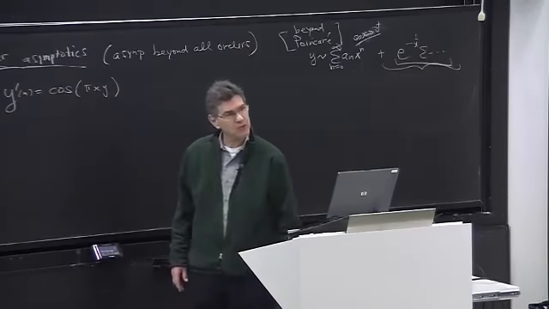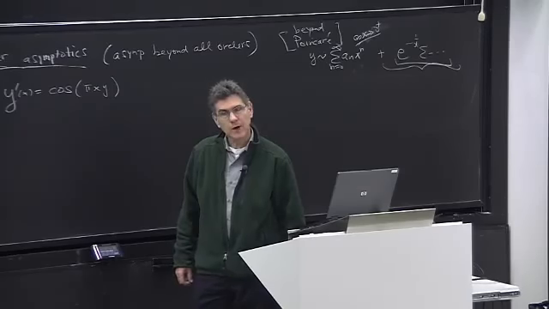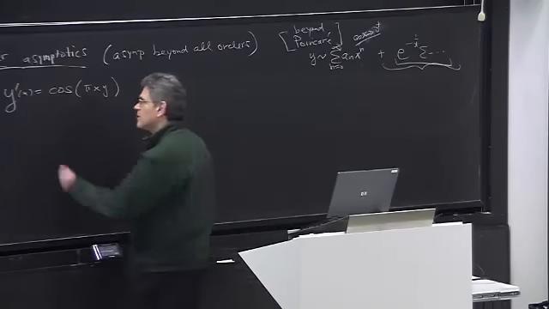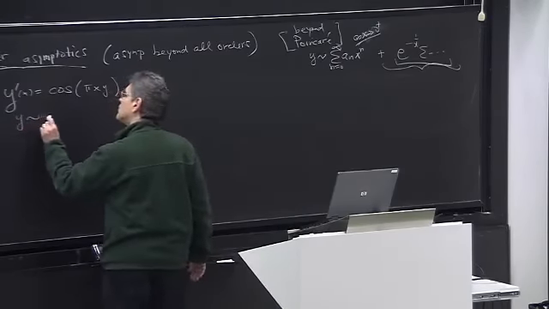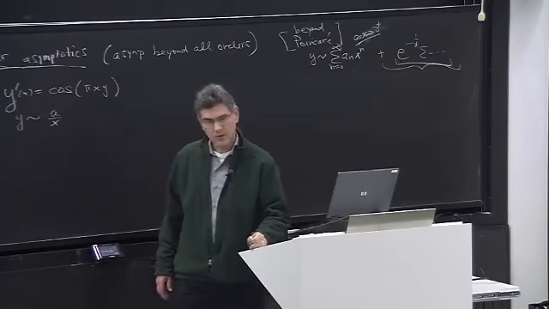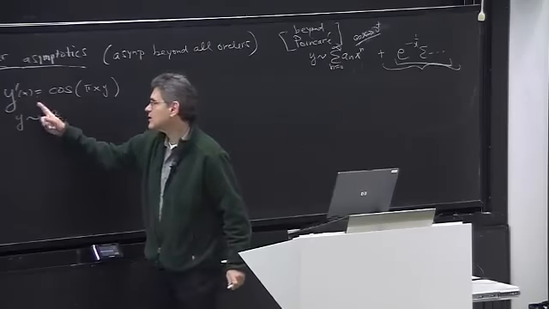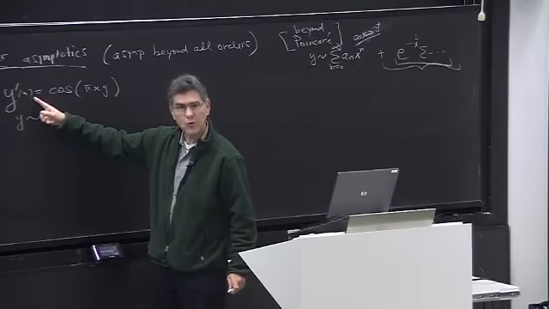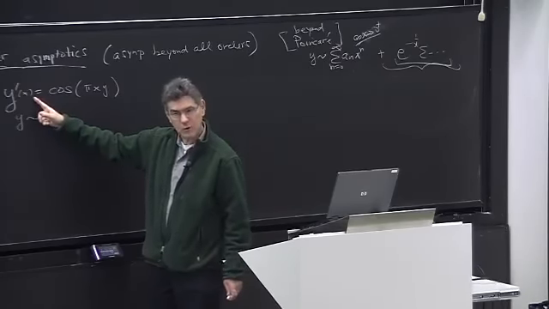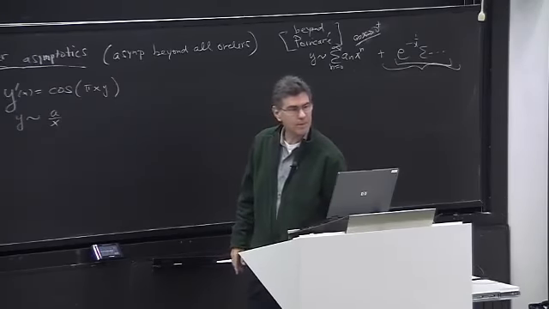Can you imagine what the solution might look like? So I propose that y goes like a constant over x. Now that's a nice simple result. How could this be? Because on the left side, the derivative would go like 1 over x squared, which would be approaching 0. How could the right-hand side approach 0 at the same time?